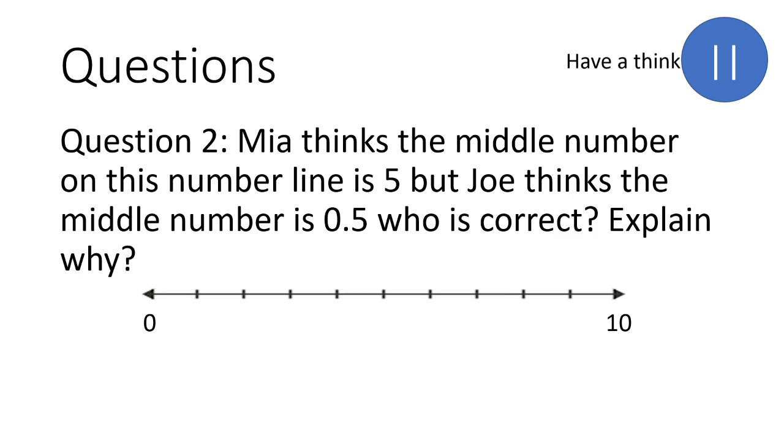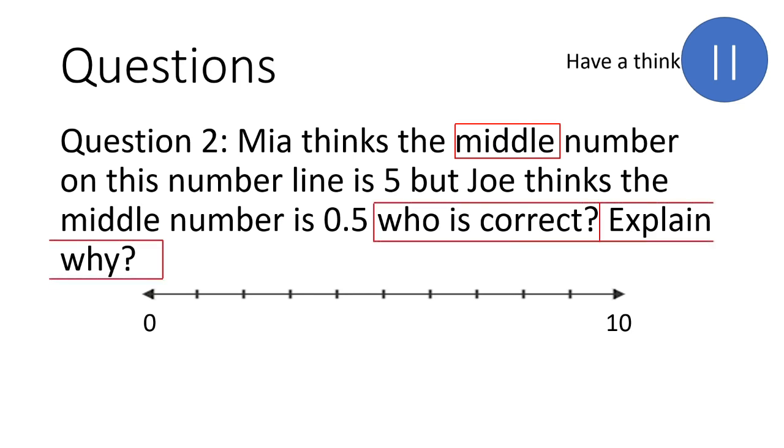Hopefully you spotted that it wants the middle number, it wants to know who is correct, and it wants you to explain why. You can see on the number line, there are 10 intervals, and it ends in 10, and it starts at 0. So 10 divided by 10 is 1, so it goes up in ones. So let's count up 1 for 5 intervals. 1, 2, 3, 4, 5.